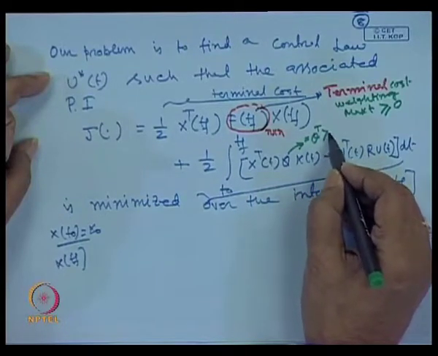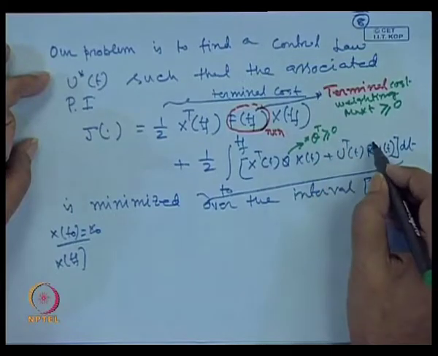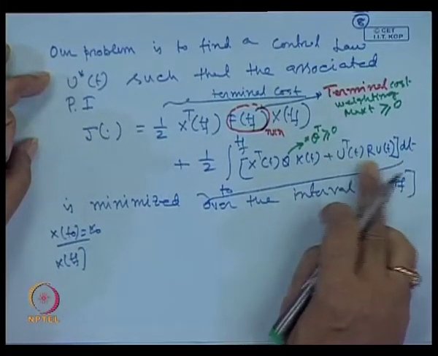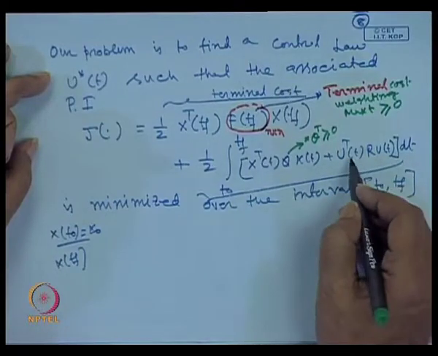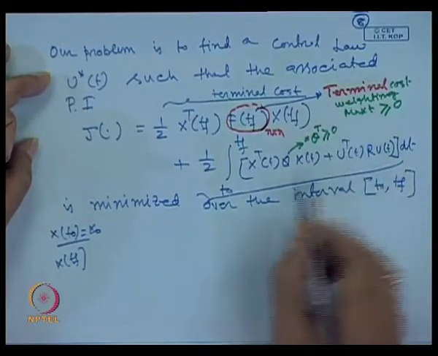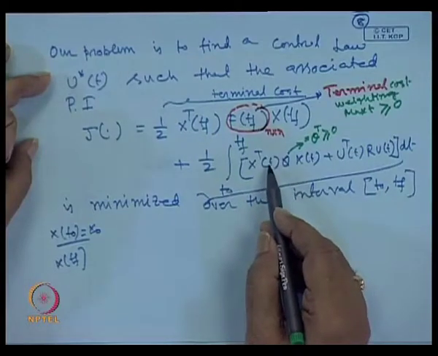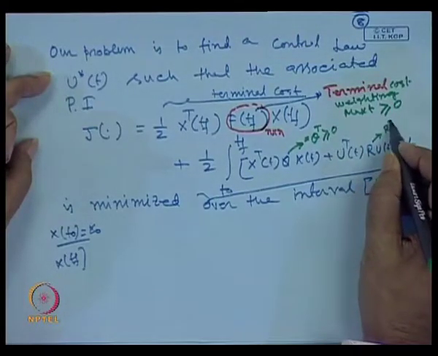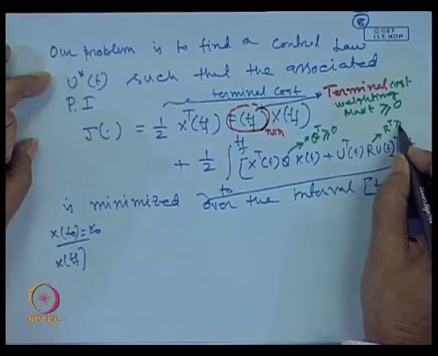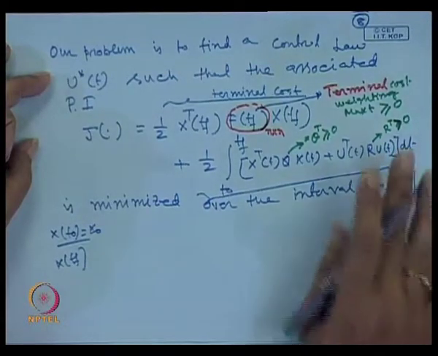R is the weighting matrix associated with the control signal, and Q is the weighting matrix associated with the state vector, and these are also symmetric matrices. R = R transpose and it is only positive definite, not positive semi definite.